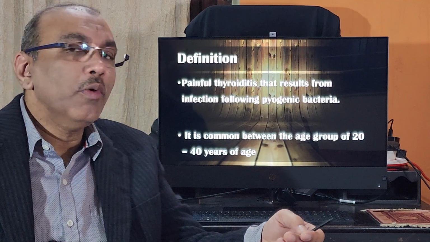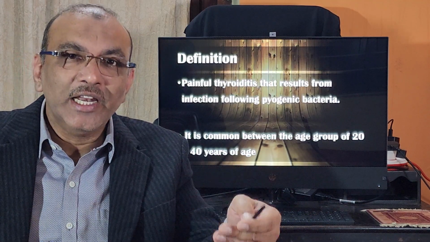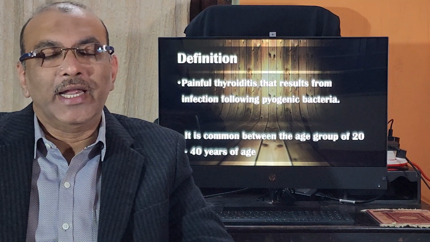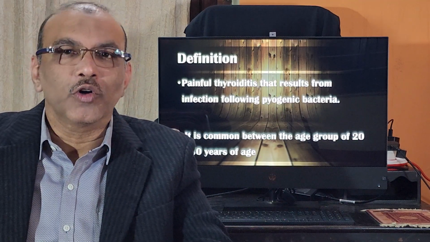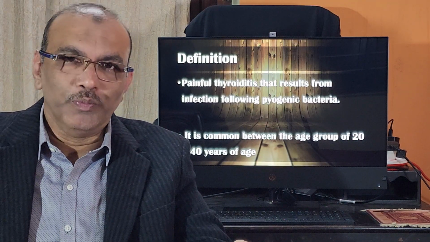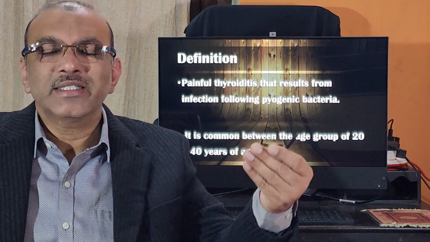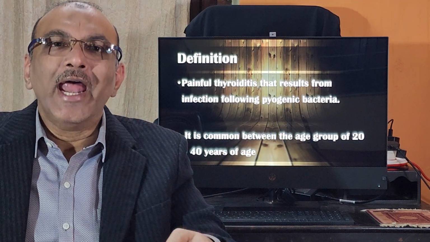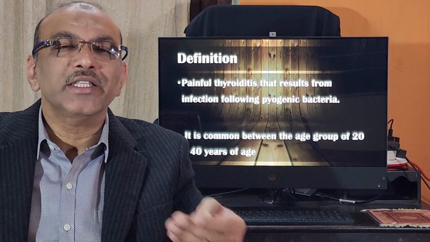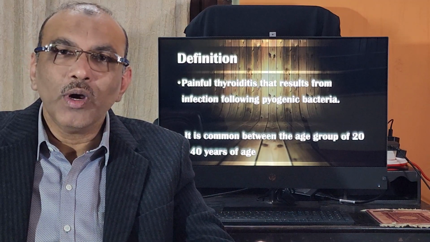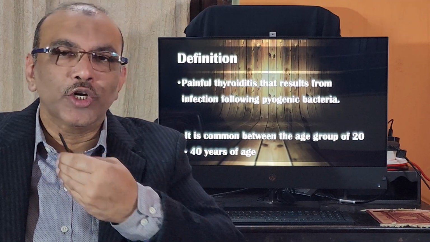Now, how has this bacterial infection reached the thyroid gland? There are so many different causes for that. Let me name a few. The common one being, there is some infection in the body and through blood spread, it has reached the thyroid gland. The second one being any sort of trauma related to the neck.